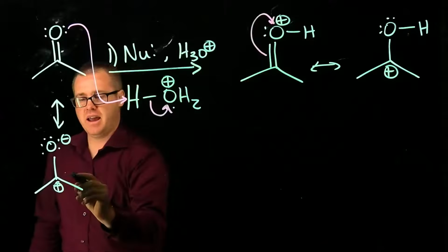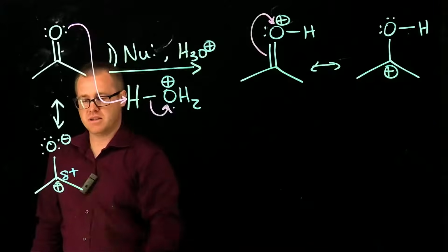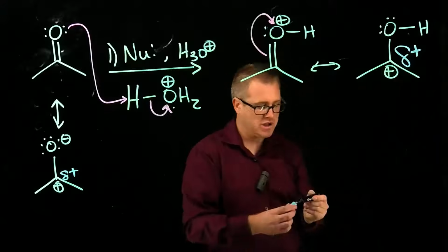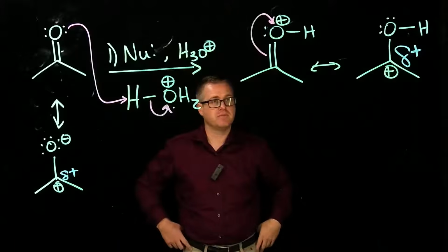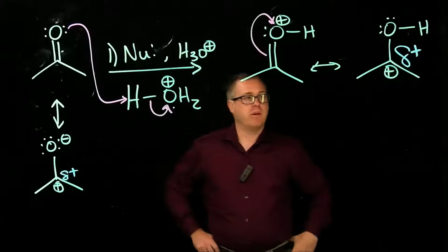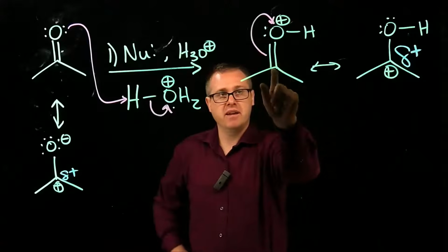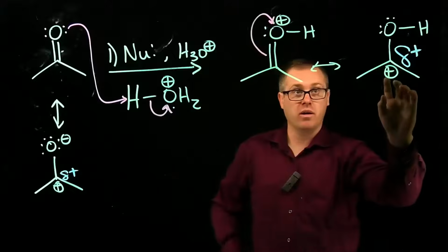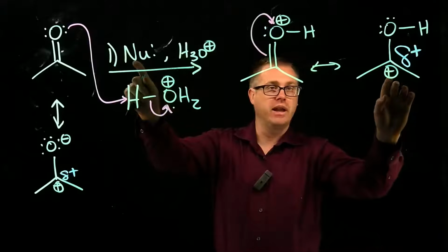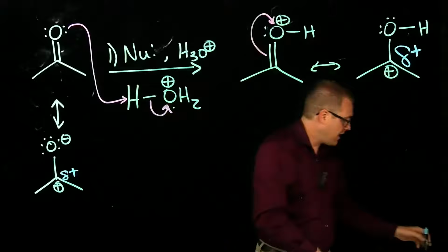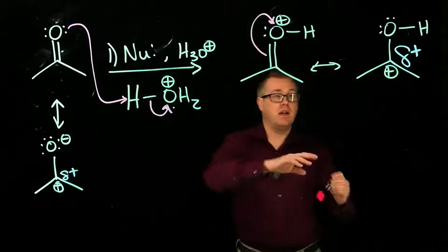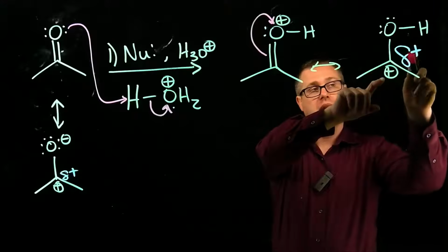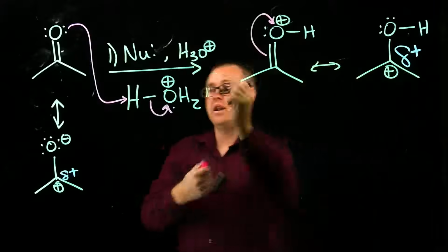This is going to have a partial positive about that big, and this is going to have a much larger partial positive. So we've just made this carbonyl carbon more electrophilic, so it's more reactive with our weak nucleophile.